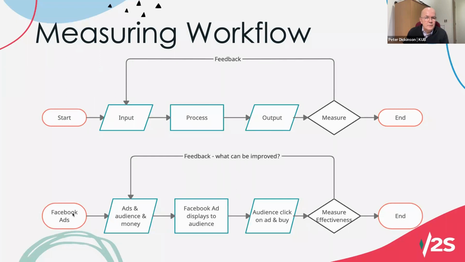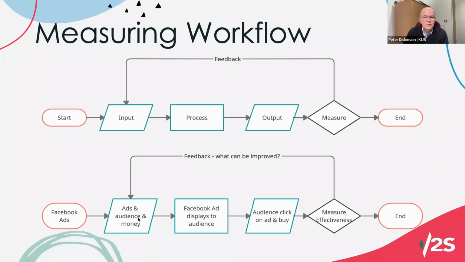as an example. Facebook ads is quite good. So the input is ads, audience, and money. You've got to get all those things in the right order at the start. You then display the ads, and then hopefully the audience click on an ad and buy or place an inquiry, etc. You then measure the effectiveness of that.